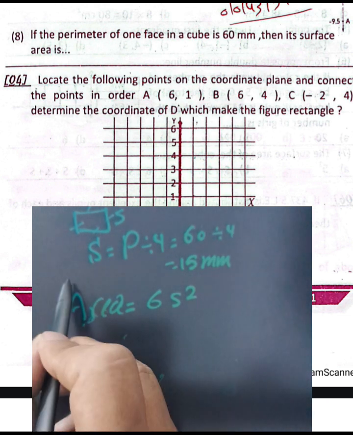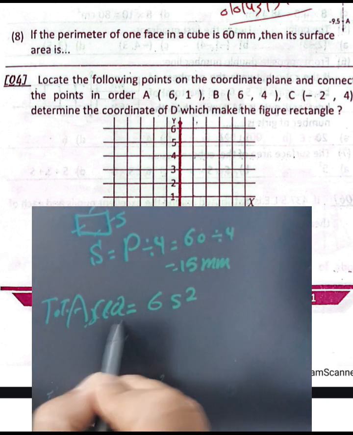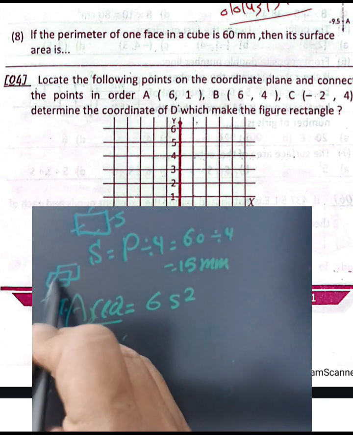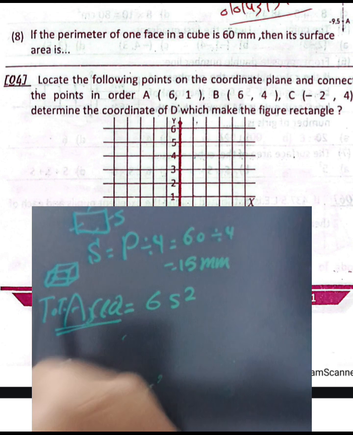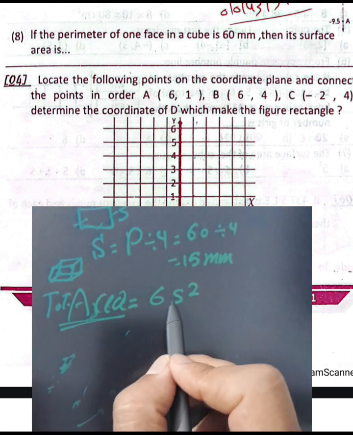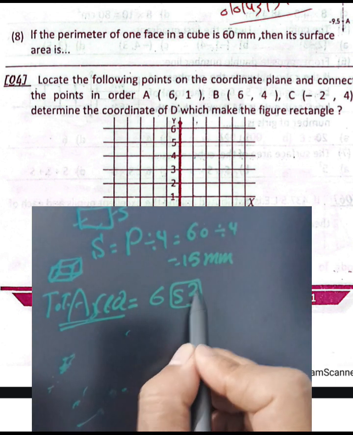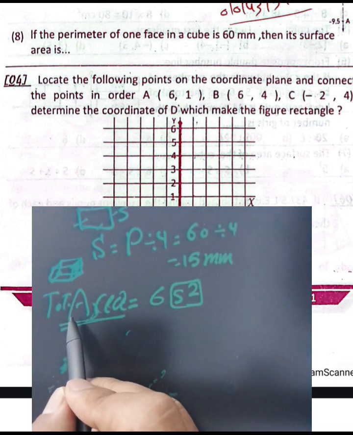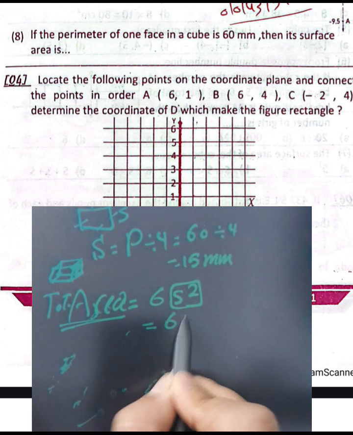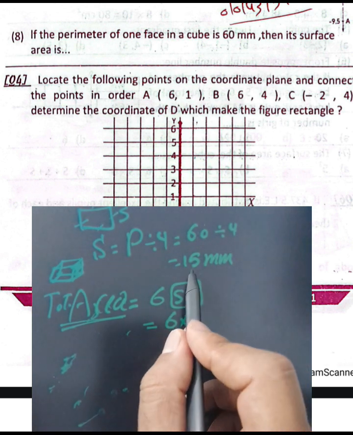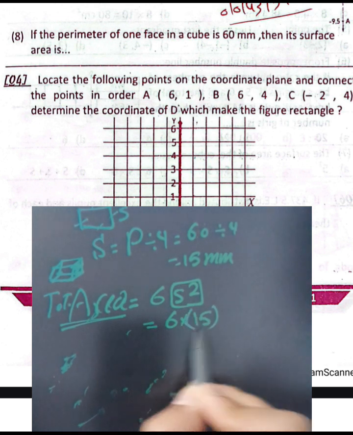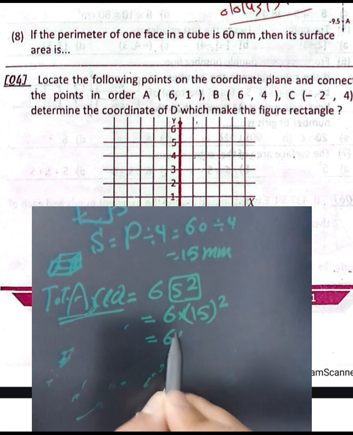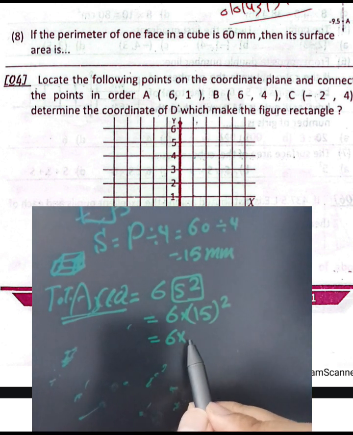Because the cube has 6 faces equal in area, and the area of each one equals the side times itself, side squared. Side squared is the area of one face, and the cube has 6 faces, then the total area will be 6 times s squared, where s is the side, right? 15 squared. Then the result will be 6 times 15 squared, meaning 15 times itself.